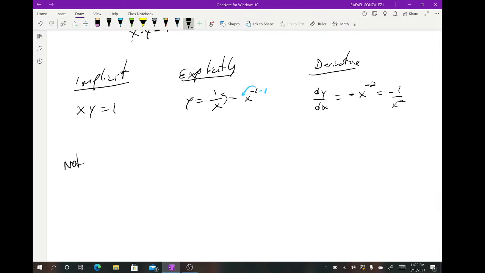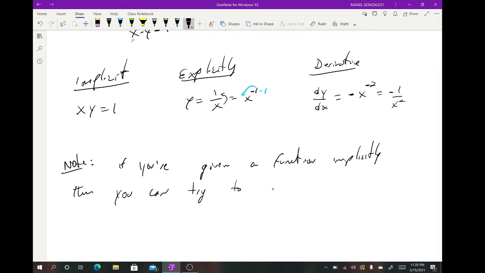Okay, so note, if you are given a function implicitly, then you can try to write the function explicitly in terms of x and y and take the derivative.